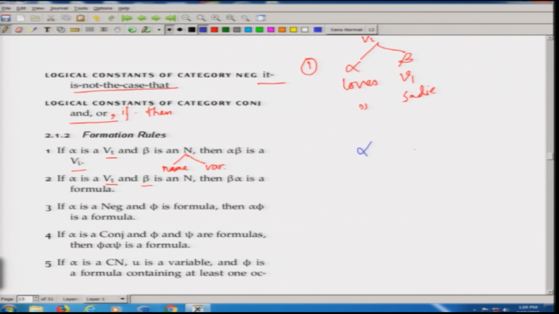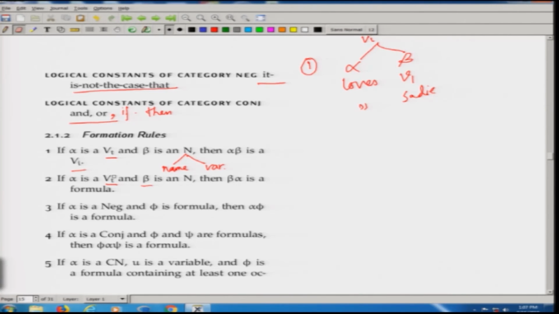Once again, alpha and beta. If alpha is a Vt, and beta is an n, then what is a Vt? There is a mistake I can see here. So actually this is not Vt, this is rather Vi.